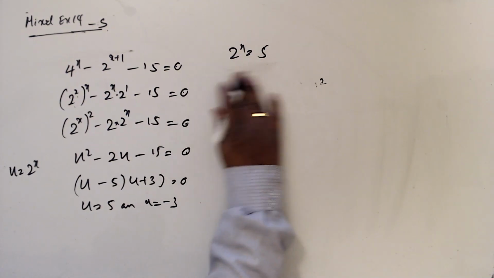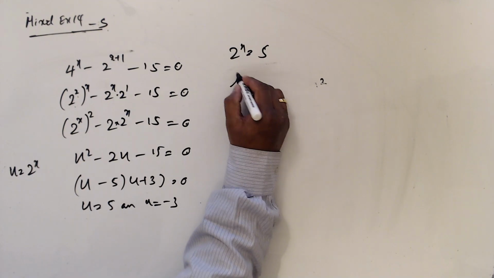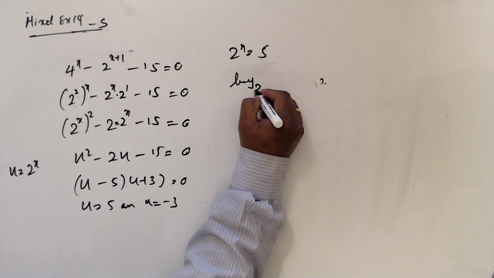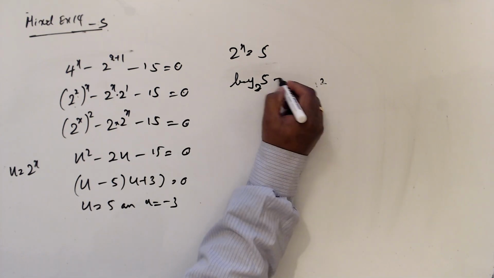Then x equals... we have to apply logarithms. So log 5 base 2 is x.